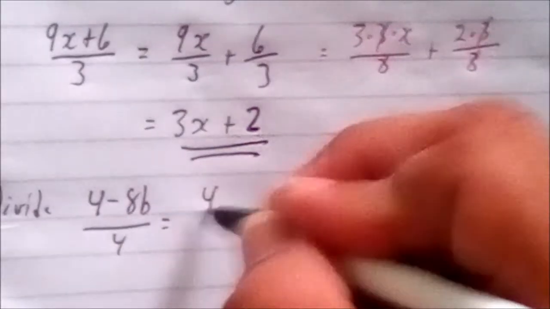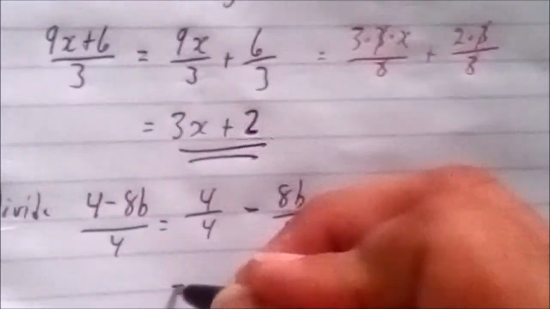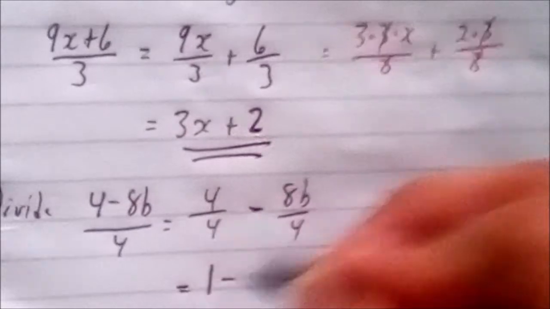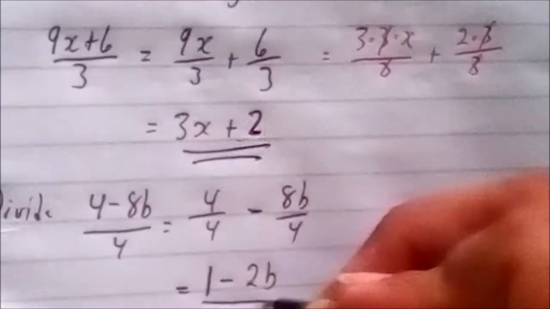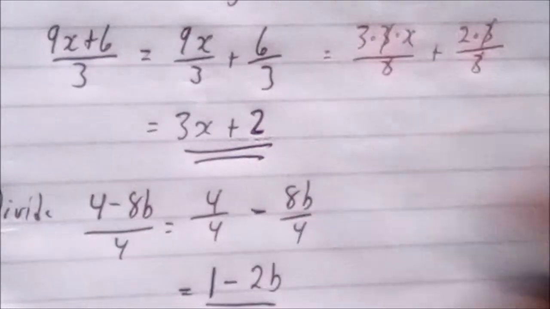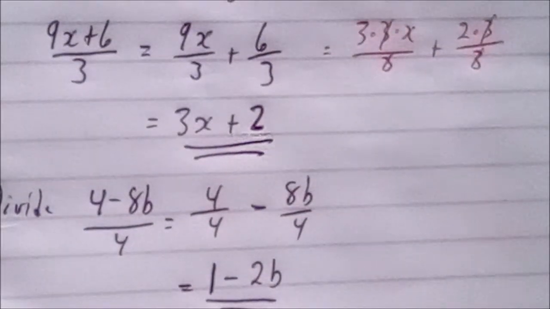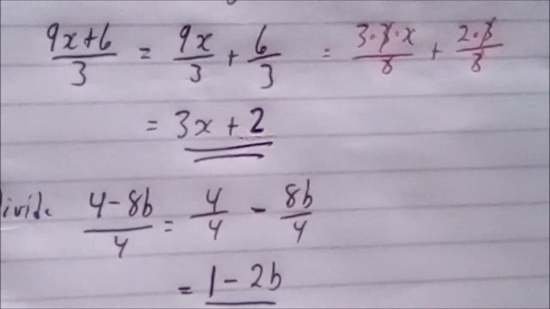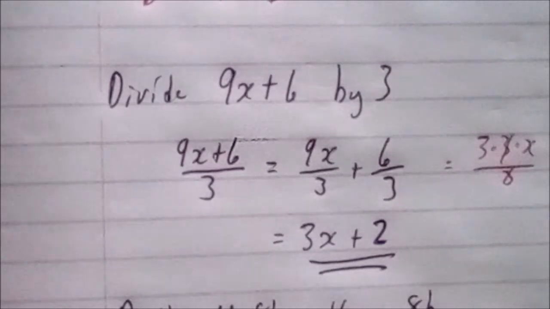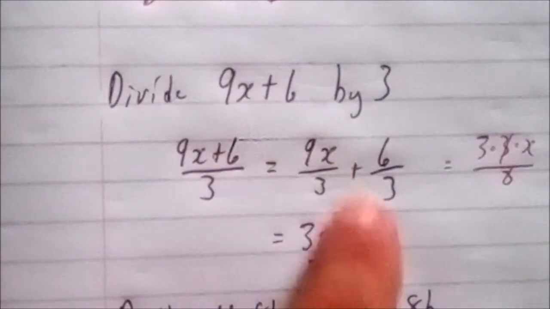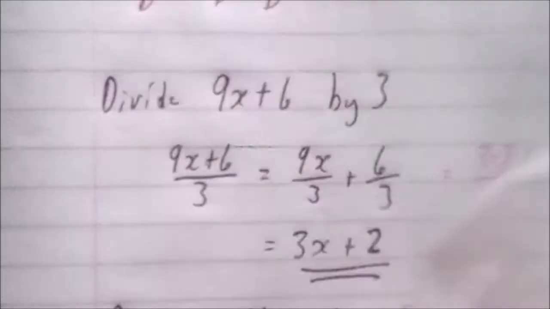So we end up with 4 over 4 minus 8b over 4, which equals 4 divided by 4, that's 1, minus 8b divided by 4, well, 8 divided by 4 gives us 2b, and that's our solution. That's not difficult, it's just that you need to break it down. We can expand out if we want, or we could just go straight to the answer and divide right away.